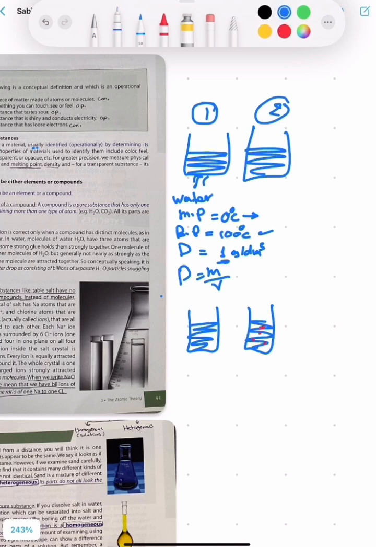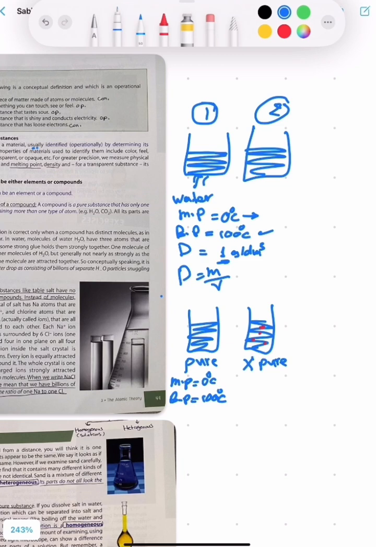So look, this glass of water is a pure substance, and this is not pure because we have dissolved something inside. The melting point of the pure substance would be 0, boiling point would be 100.